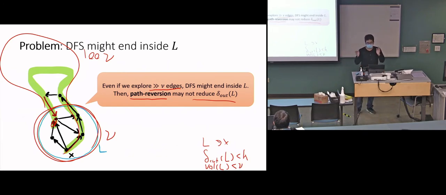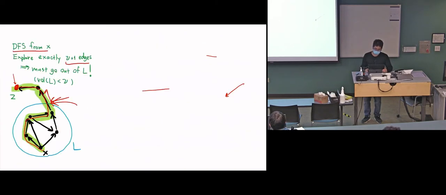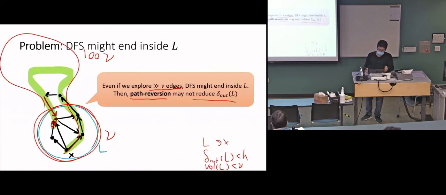And if this thing exists, I would like to return some L prime such that this is true, right?